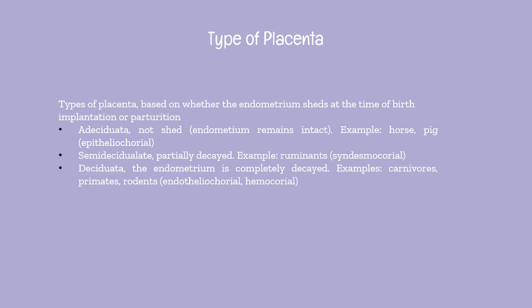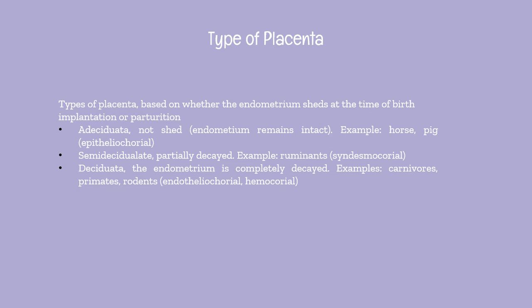Types of placenta based on whether the endometrium is shed at the time of birth, or parturition. The first is non-deciduate: not shed, the endometrium remains intact, for example in horses and pigs, or epitheliochorial.